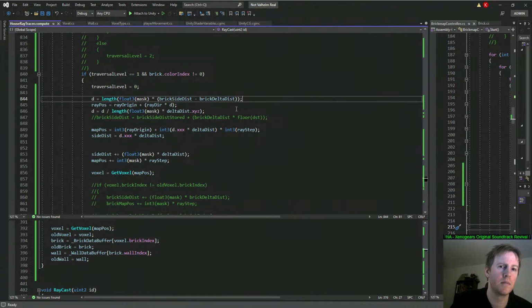Maybe it doesn't. I'm dividing it by the delta distance of the direction that we traveled.